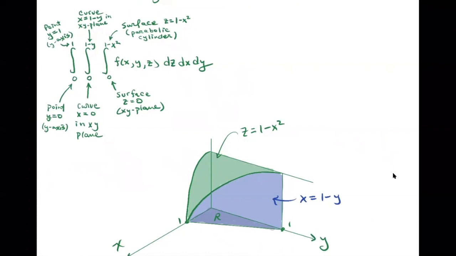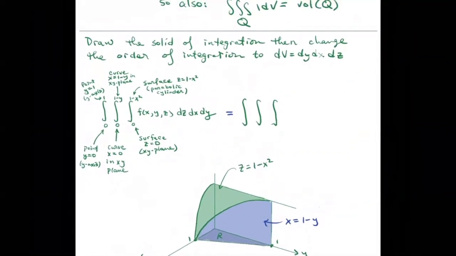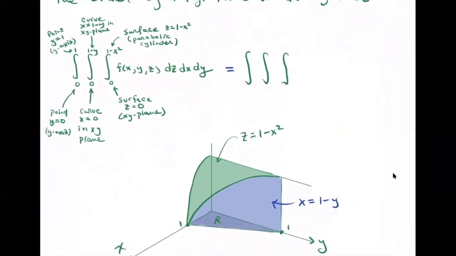So I'm supposed to rewrite this as a triple integral. And this is supposed to be dy dx dz. Got it. So the function is still f of x, y, z, but then we'll do dy dx dz. Okay.